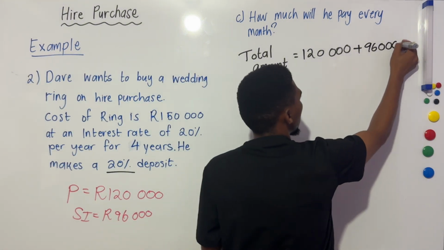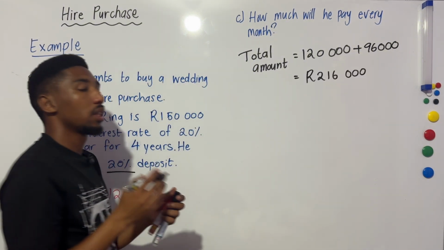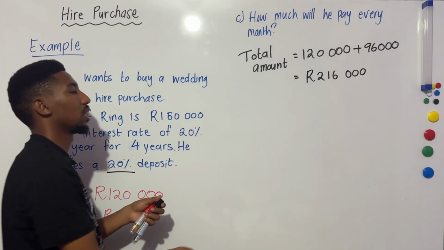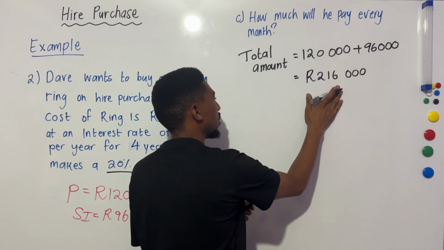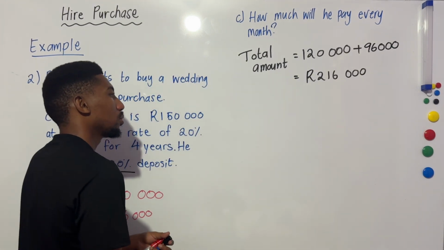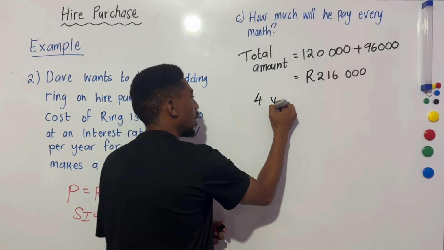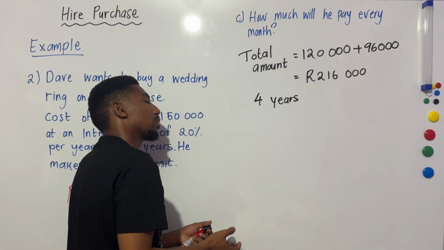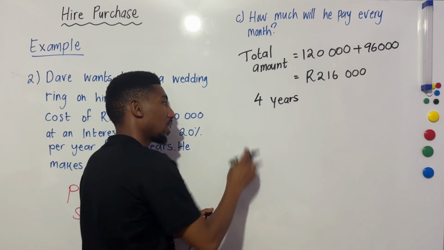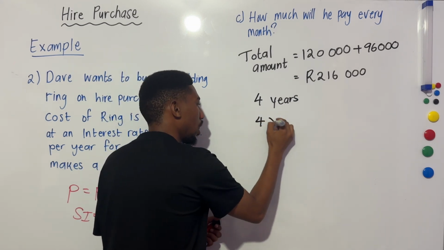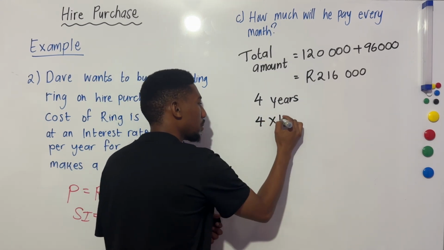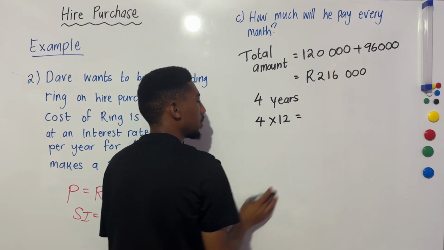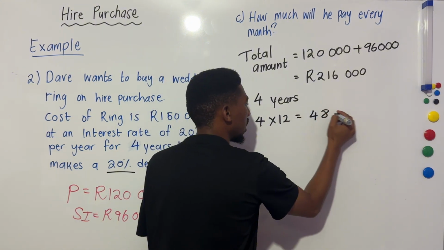The total amount Dave has to pay back is 216,000, but he has to pay back that amount over 4 years, and we want to know how much he will have to pay every month in those 4 years. So how many months are there in 4 years? We times 4 by 12, and we get 48.